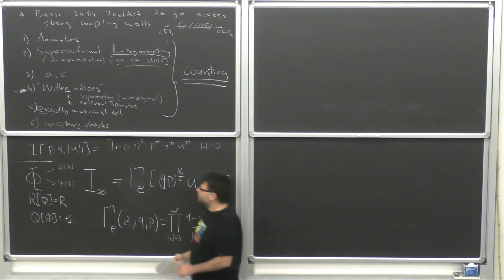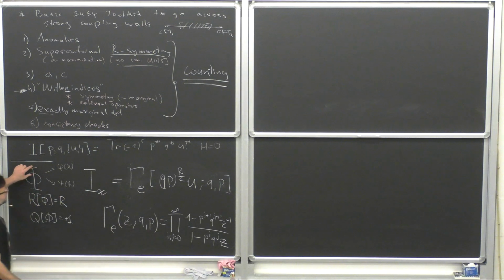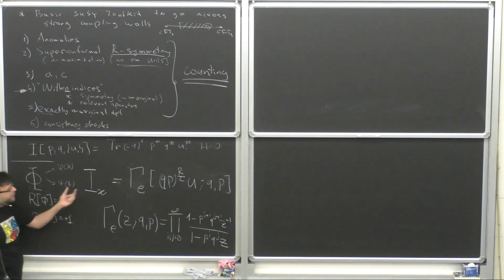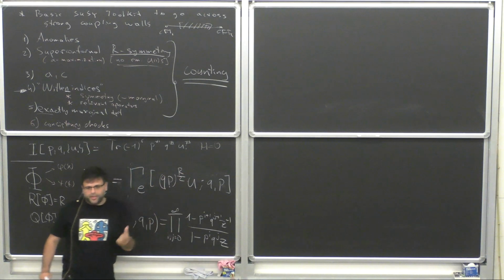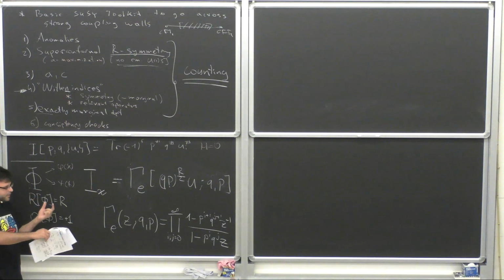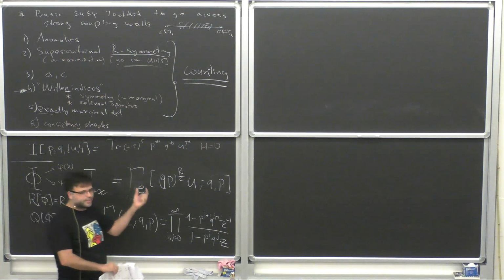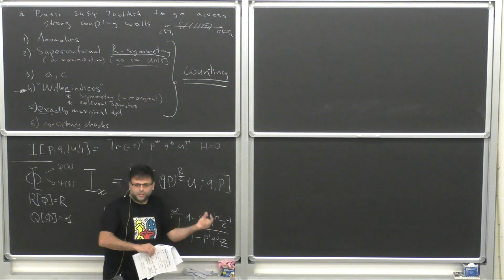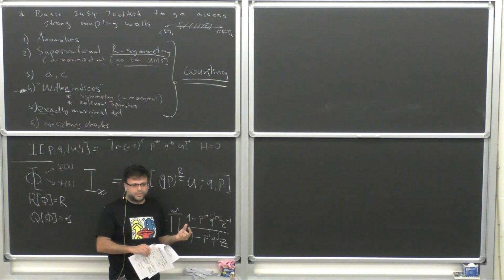Okay, so what we can do to compute this index is to just look at the basic objects that we can build from this field phi, which have H equals 0, and then multiply them. If some basic object doesn't have H equal to 0, since all the H's are non-negative, once we introduce it we will not be able to cancel it with anything else.